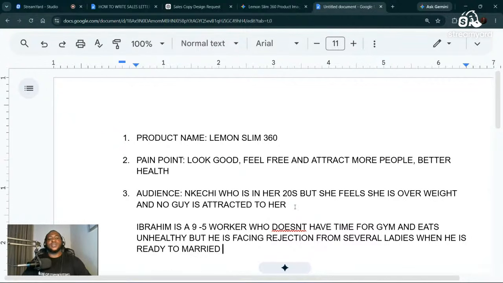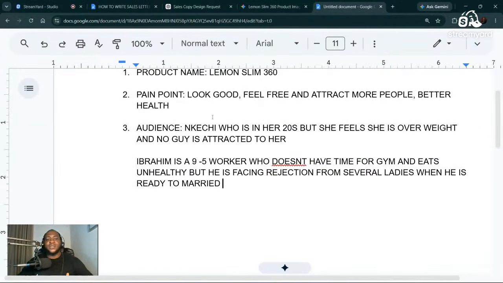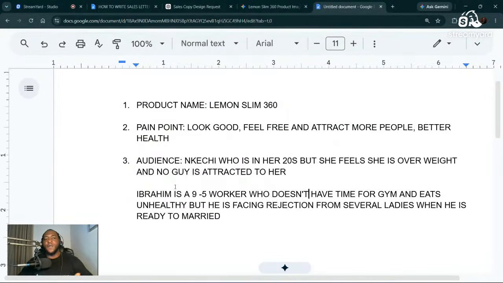Now this is just random, right? So these are the things you need to know. Two target audiences: Nkechi, who is in her 20s and feels overweight, and Ibrahim, a 9 to 5 worker. Once you're writing your copy, you can write it to suit any of these people, right? This is where you craft out the offer stack.